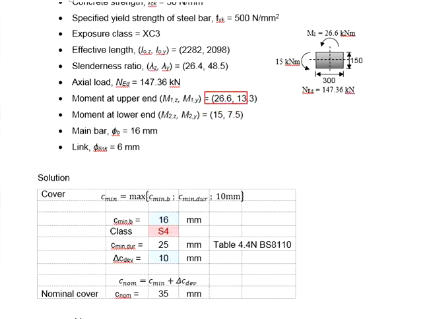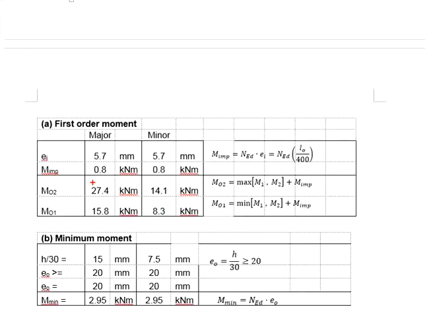M02 is governed by the larger value, which is 26.6 and 13.3 for the major and the minor axis respectively. The two values are added up with 0.8 kNm. Then you get M02 equals to 27.4 and 14.1 for the major axis and the minor axis respectively.